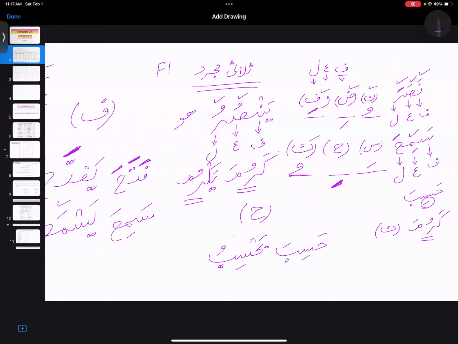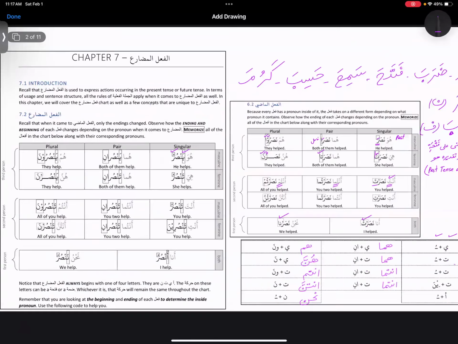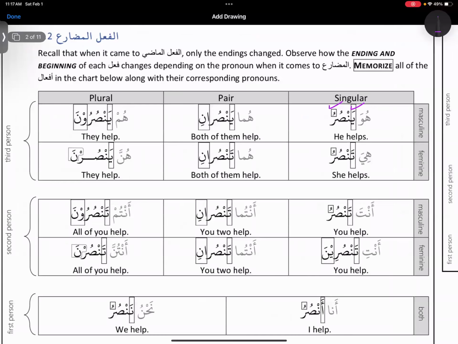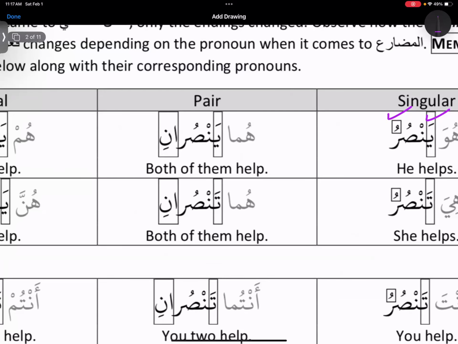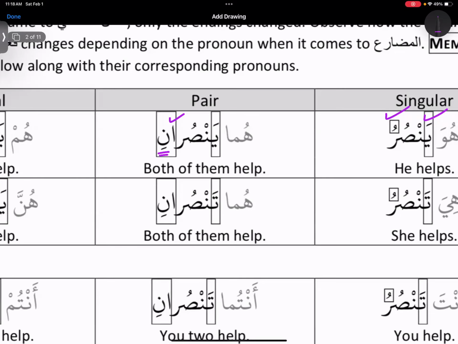Okay, then we have huma yansurani. Where is the fa'il? Alif. Alif is dual, alif musanna. And what is this noon doing here? It shows there is rafa.